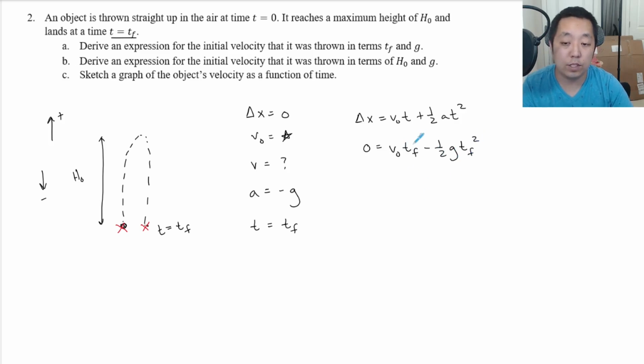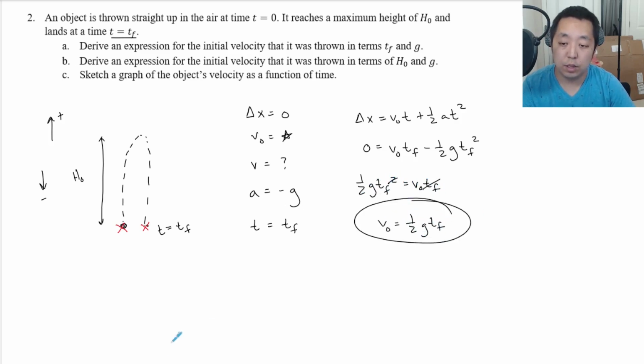And I would solve for v0. So I'm going to move this to the other side, and then divide out one of the tf's. Okay. So we didn't use h0 for that one because in this part they wanted you to do it in terms of tf and g.